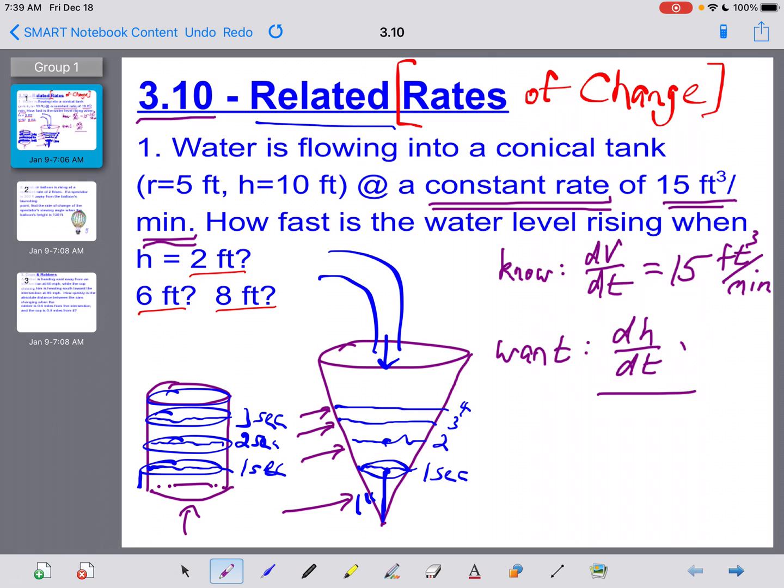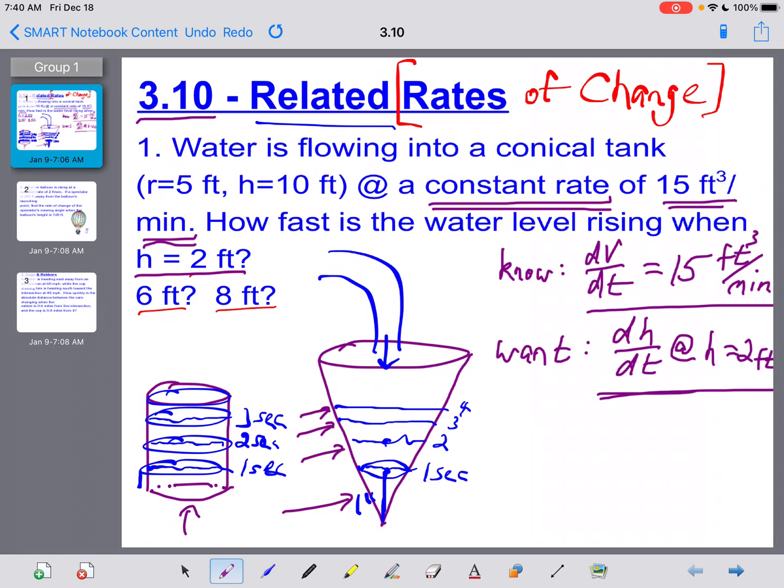So I want to be a little bit more specific here, and I want to say that I want the derivative of height with respect to time at the moment when, and here's the first question, one at a time, guys, when h is equal to 2 feet. Okay. So this is the derivative that we know, dV/dt, the derivative of volume with respect to time. This is the derivative that we're trying to find, the derivative of height with respect to time.